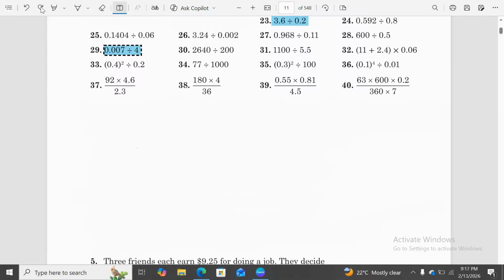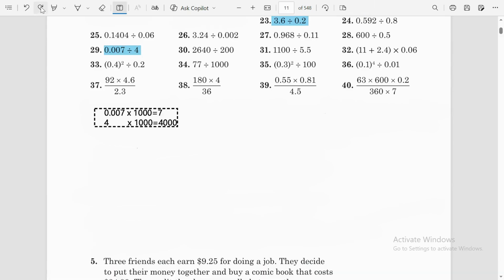In question number 29, the divisor is a whole number, but we will still multiply it by 1000 because we want to solve each question in the easiest way possible. And we have to remove the decimals from the dividend.